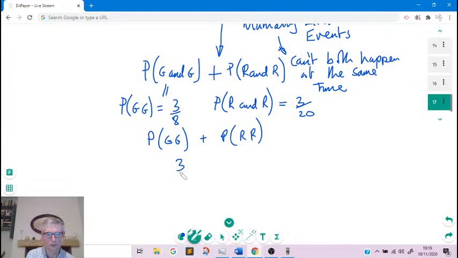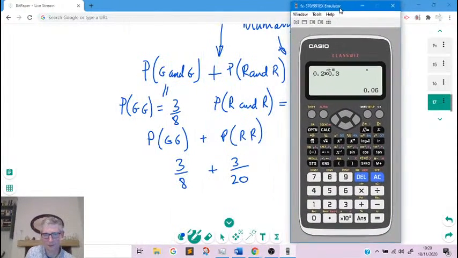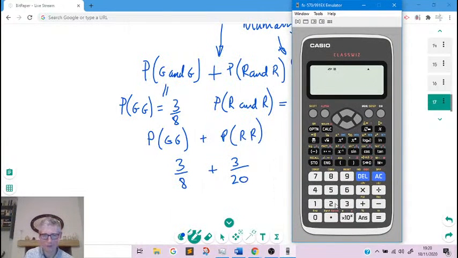So we'll go 3/8 plus 3/20. I'm just going to do that on the calculator, so we don't get bogged down in adding fractions. We can do that using the fraction button: 3/8, then plus, fraction button again, 3/20.